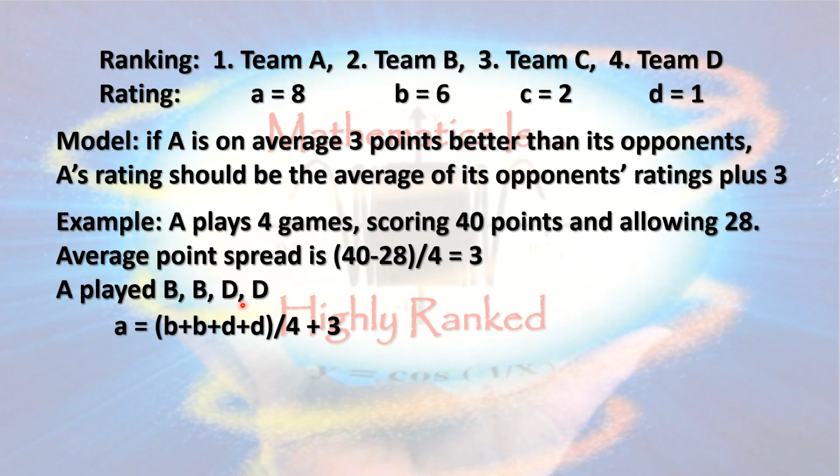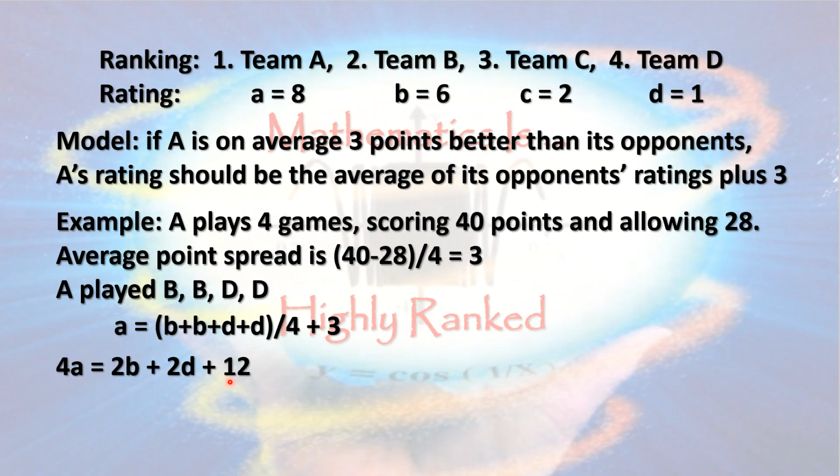Then the average of its opponents' ratings would be 2B plus 2D divided by the 4 games to average the opponents' ratings. And we want A's rating to be that average plus 3. As an equation, a equals (2b plus 2d) divided by 4, plus 3. This assumes a really nice form if we multiply by 4: 4a equals 2b plus 2d plus 12.